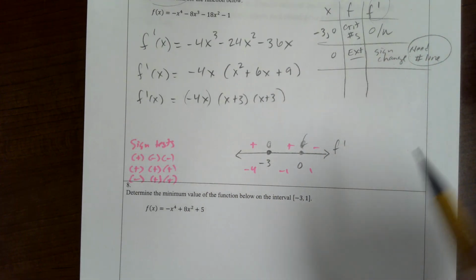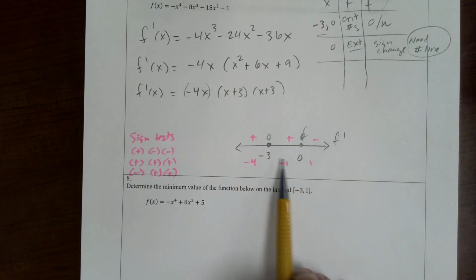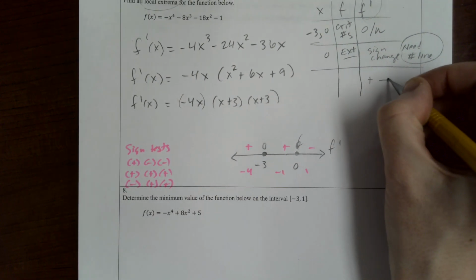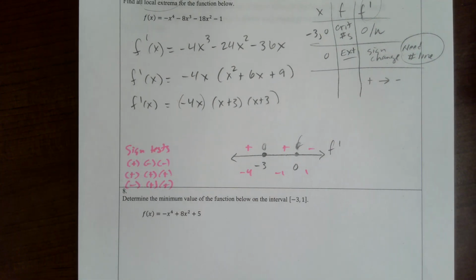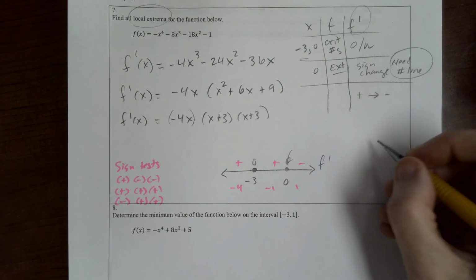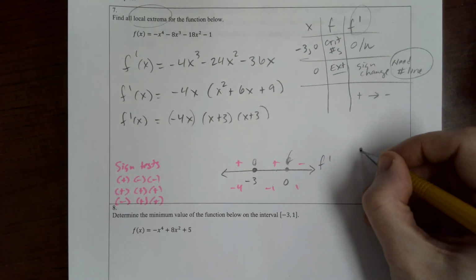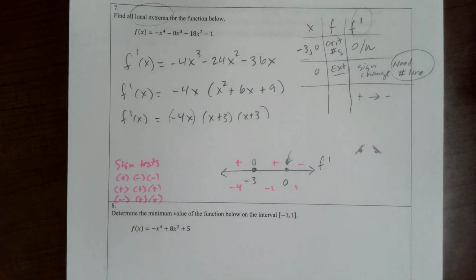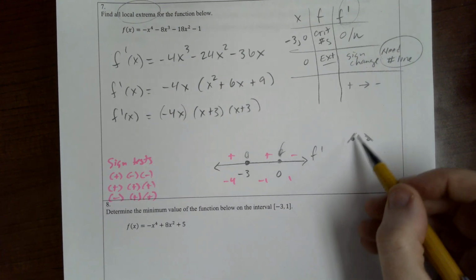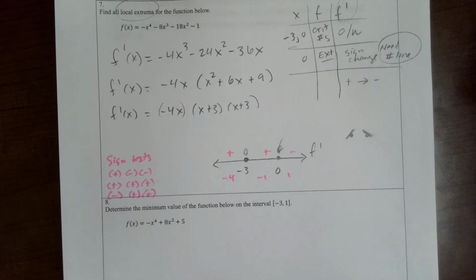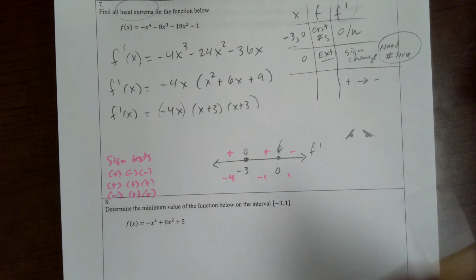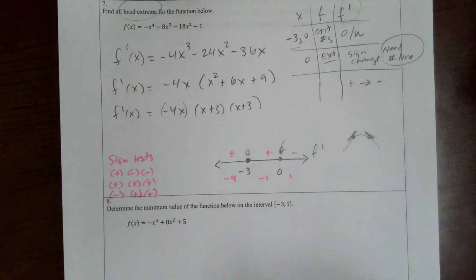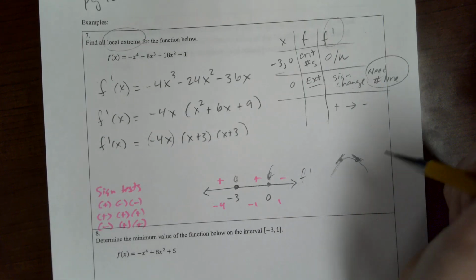So let's look at what type of sign change, in particular, from positive to negative on f. If you're going from a tangent line that looks like this to a tangent line that looks like that, and if everything is continuous, you would be looking at a max, okay?